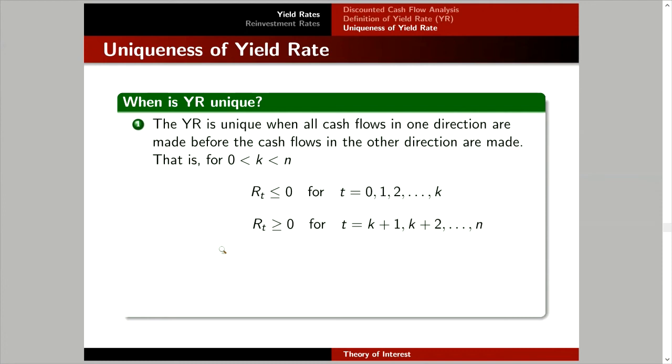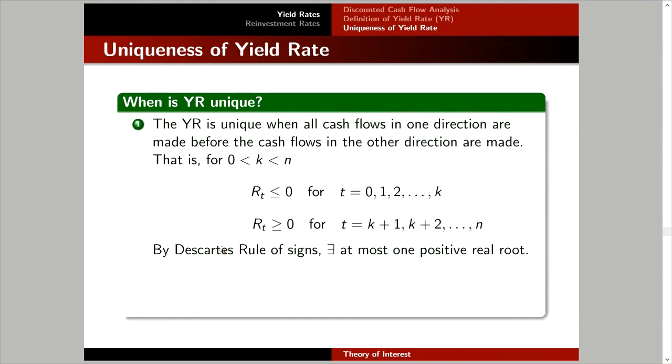And then, by the Descartes rule of signs, kapag tiningnan ninyo, it's a polynomial. Tapos, there's only one change in the sign. Kasi ang mangyayari, negative, negative, negative, negative, and then positive, lahat na positive.